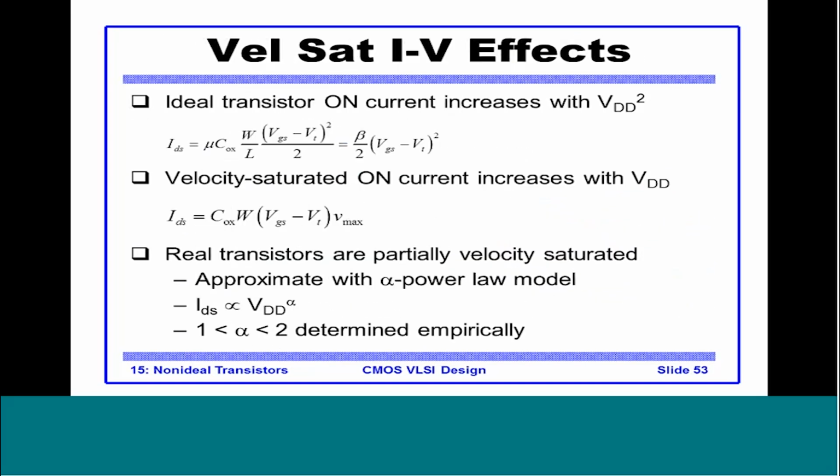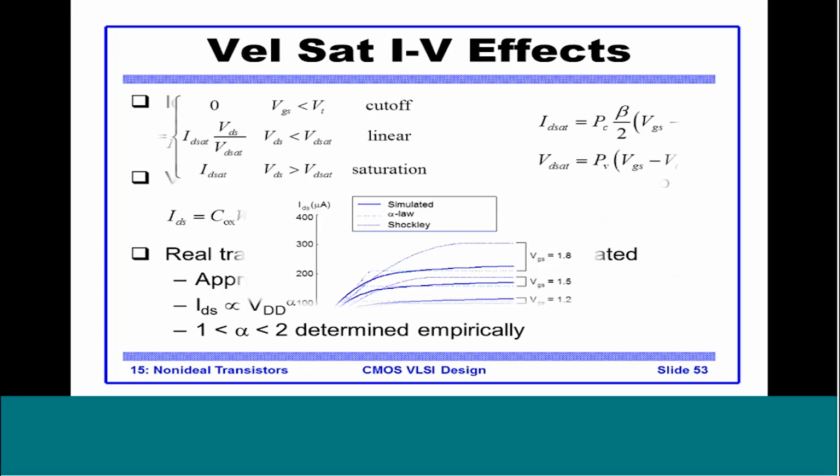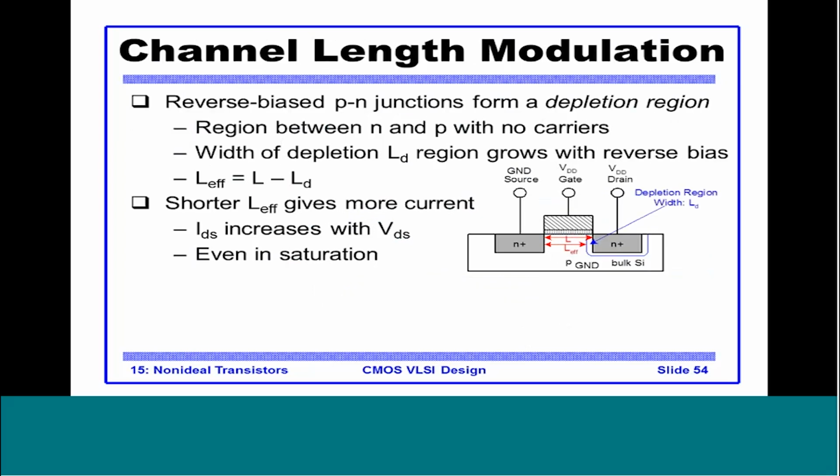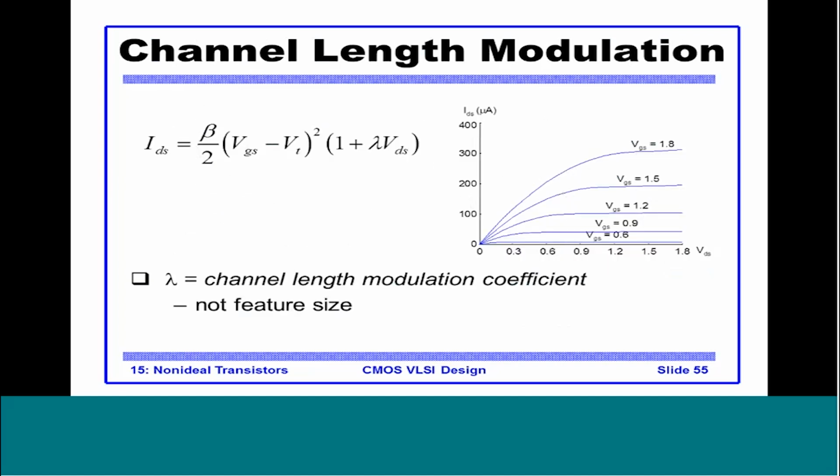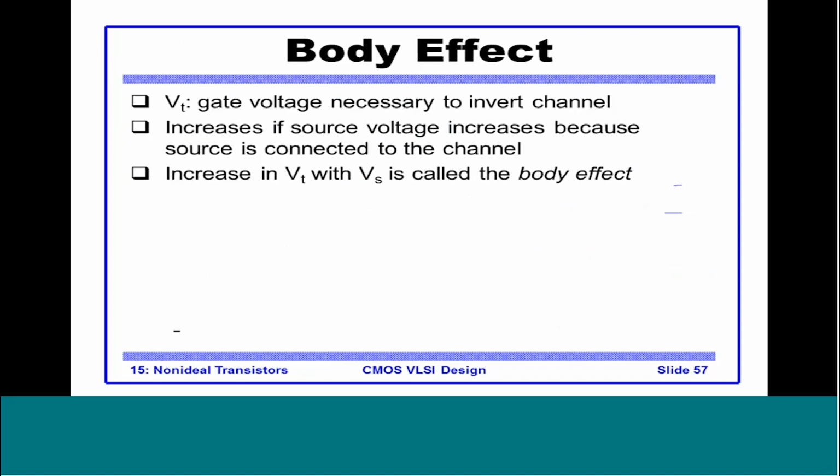This means the on current is less as compared to the ideal model. Second thing we saw was channel length modulation, which means the current increases in saturation with increasing VDS. Third thing we saw was the body effect, which results in an increased VT, and we discussed earlier that increased VT will mean a lower current.